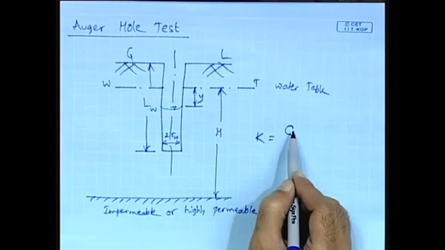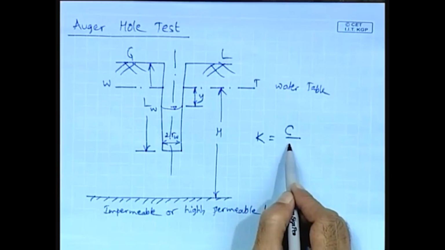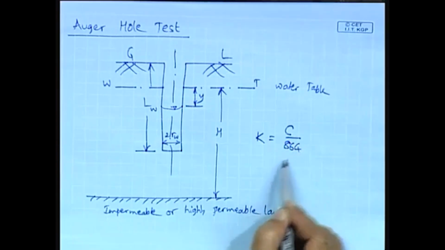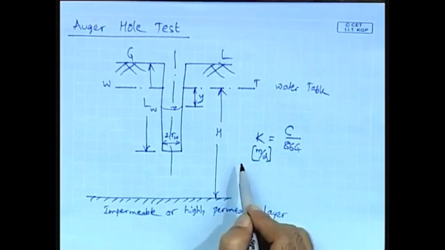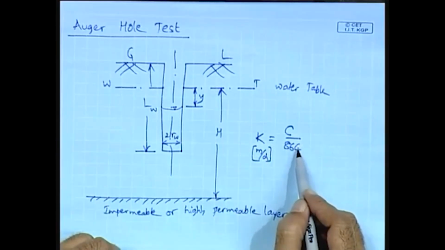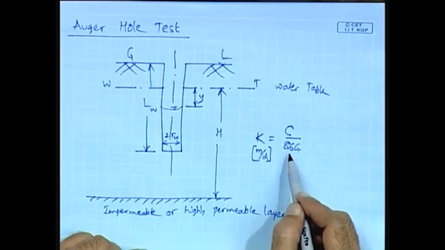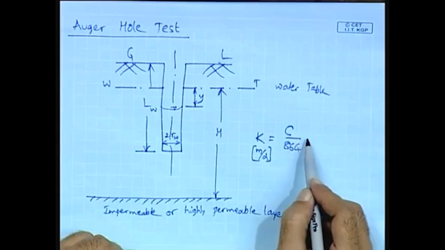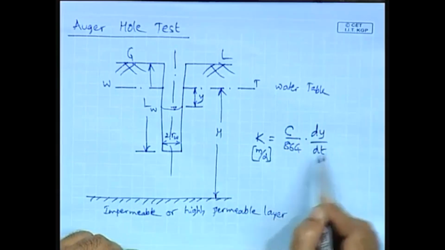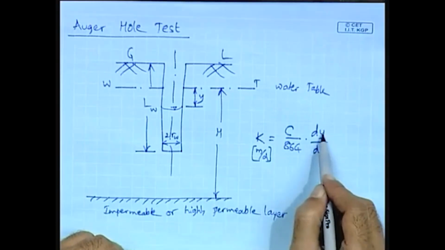This is a dimensionless constant, C divided by 864, and this directly gives the hydraulic conductivity value in meters per day. 864 comes from 24 into 3600, which is the number of seconds in a day, that is 86,400, into dy by dt, which is the rate of change of the y with time.